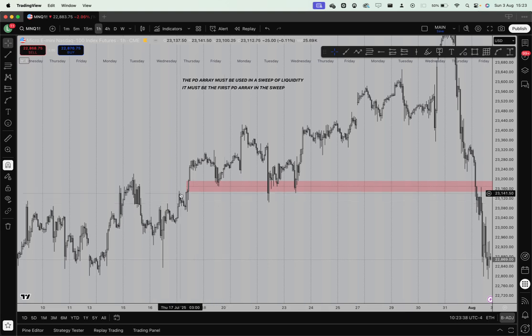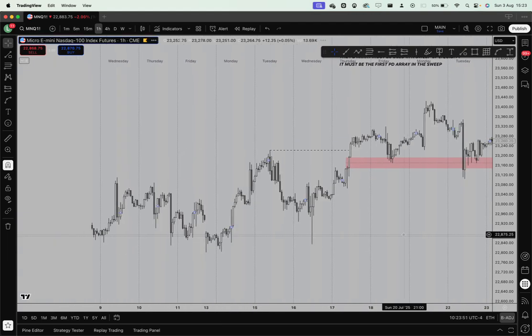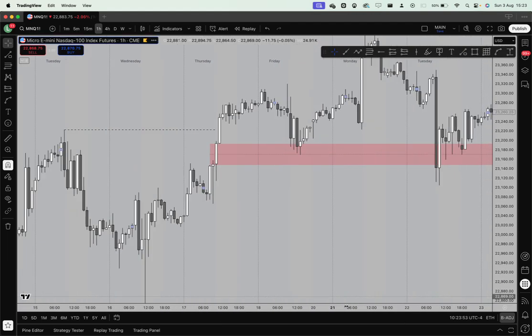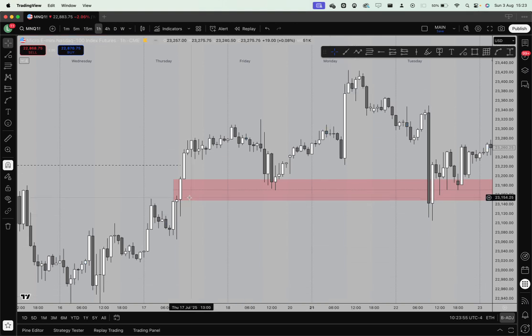So as you can see on this one I've marked here, to the left-hand side, we have buy-side liquidity. And what do we do? We sweep it. Okay, we sweep it with these up close candles here. Now, if we zoom in a bit, what we have marked is the first PD array, so the first fair value gap that sweeps this liquidity, as you can see here.